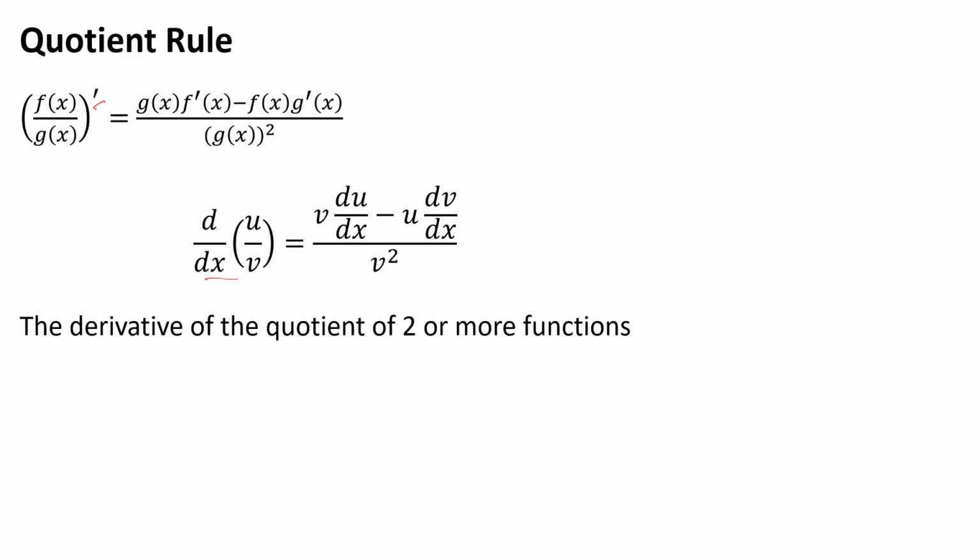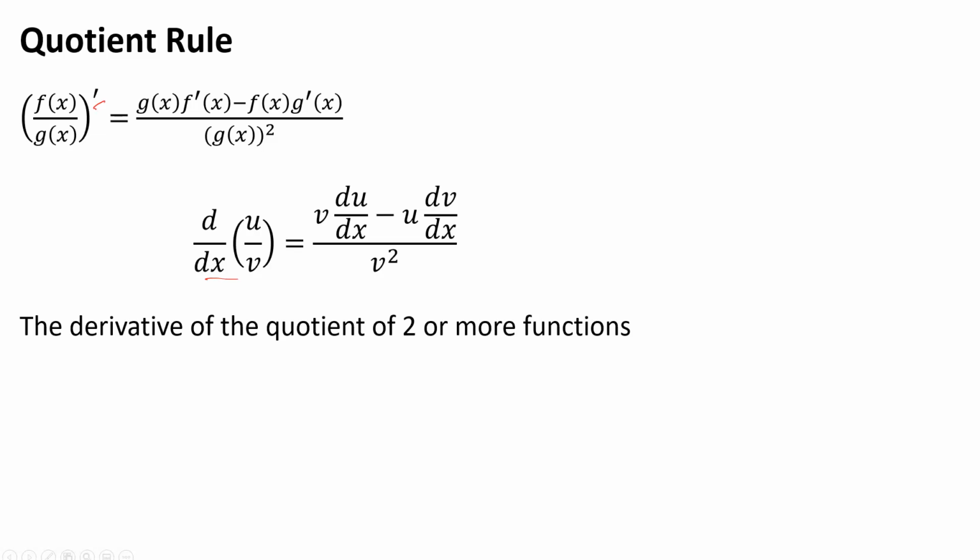You can see it a little easier in here. If we take the second format, you've got v times the derivative of u over x minus u times the derivative of v with respect to x, all over v squared.